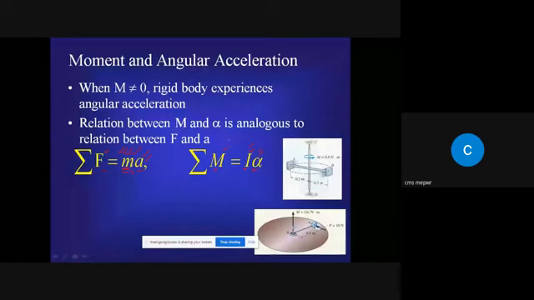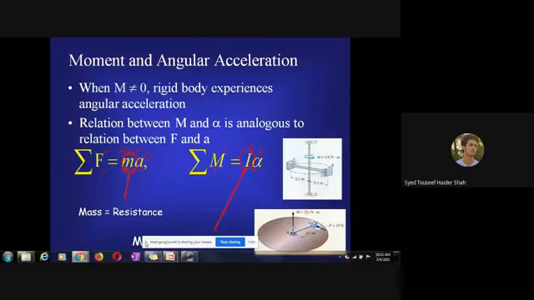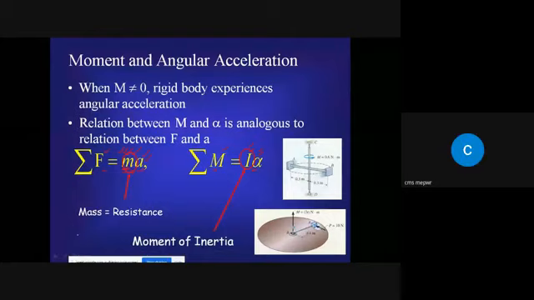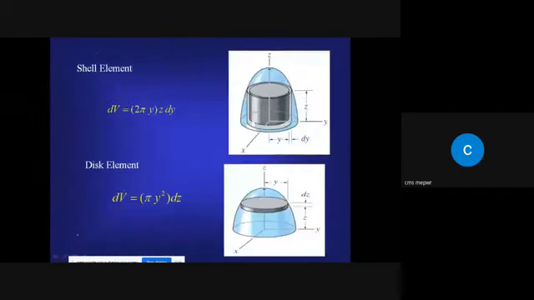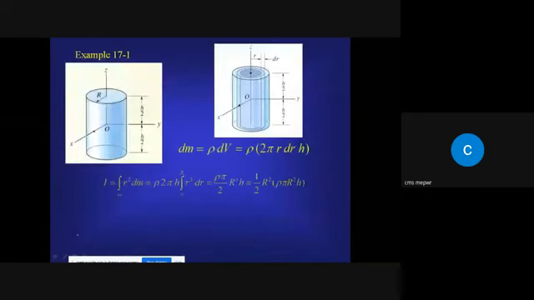So m is basically mass resistance, whereas I is basically moment of inertia. Okay, so let's not go into details. These are a few examples of how to find the mass moment of inertia for various things.